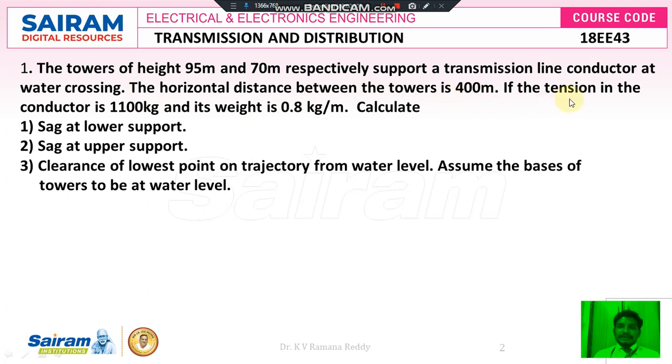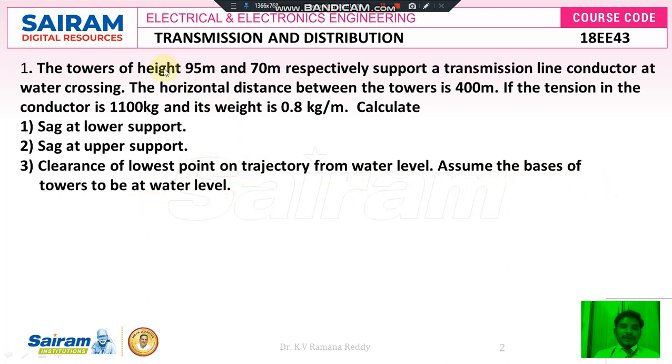If the tension in the conductor is 1100 kg and its weight is 0.8 kg per meter, calculate first the sag at lower support, then the sag at upper support, then the clearance of the lowest point on trajectory from water level. Assume the bases of towers to be at water level.